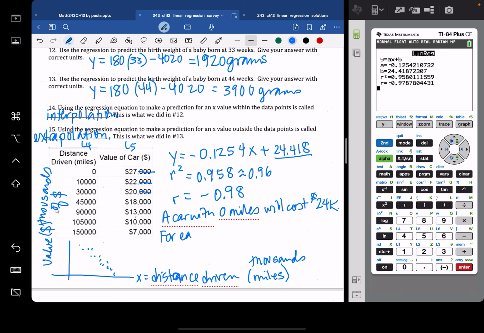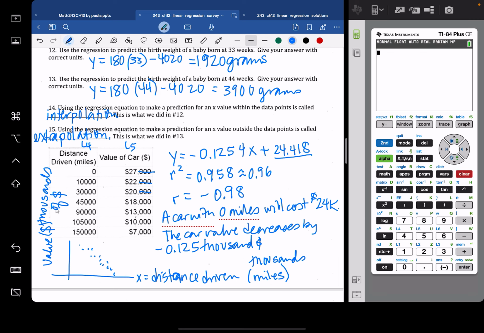And then for each additional, let me back up and use my different wording here. The car value decreases by negative $0.125 thousand. What is 0.125 times 1,000?